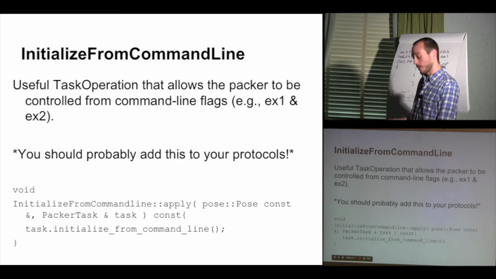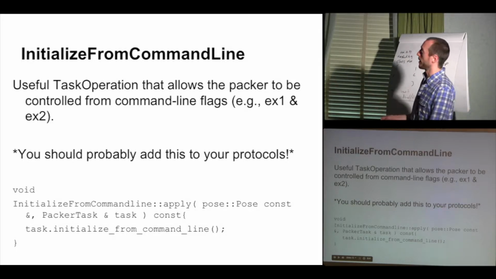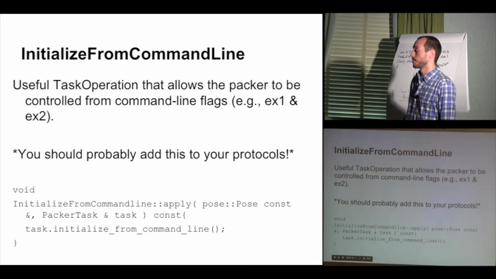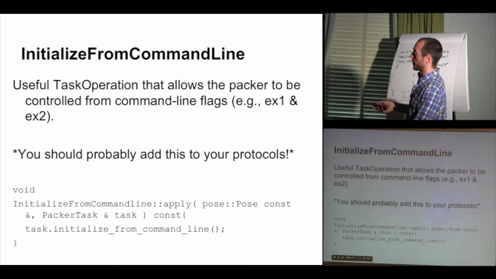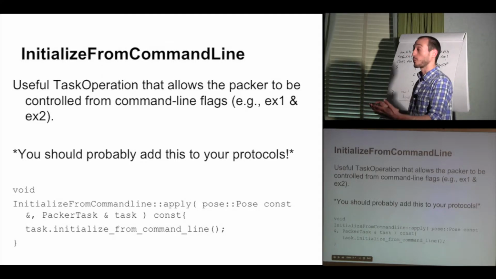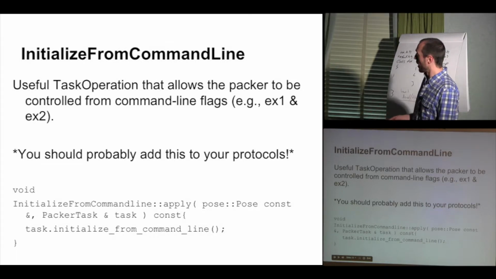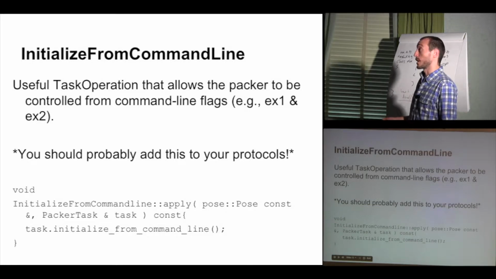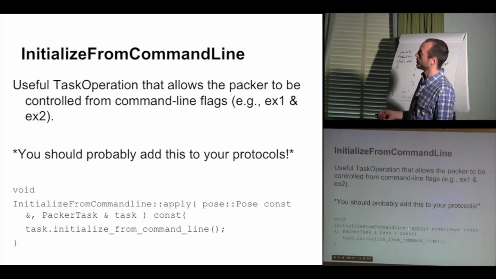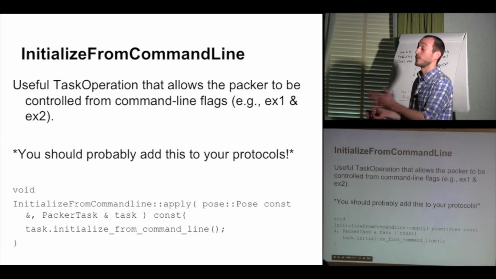So if in your mover that you wrote the other day you made a task factory, added tasks, and then gave that to PackRotamersMover, for instance, which is a wrapper that does packing, then, I actually don't know if PackRotamersMover has a default task factory that adds this. It probably doesn't. But if you haven't added this initialize from command line task operation, then you'll ignore those flags.